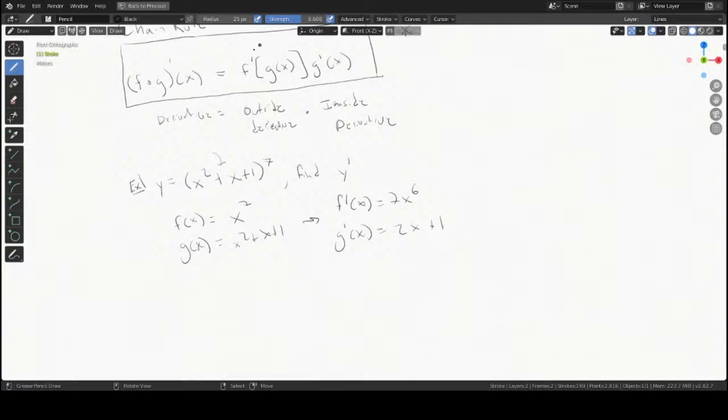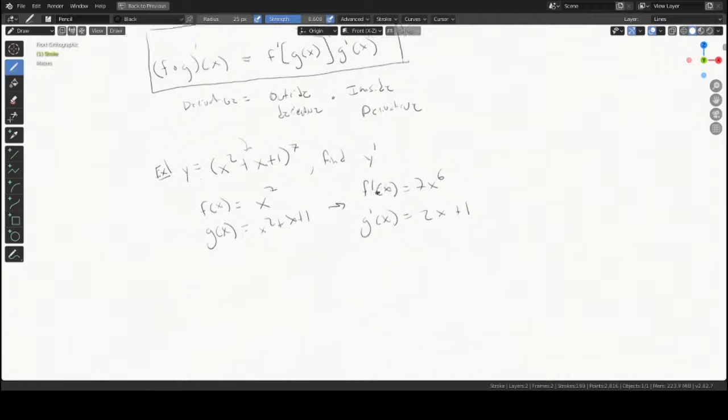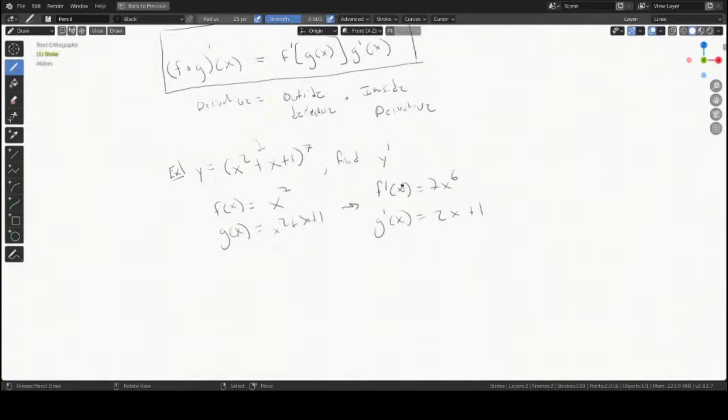Alright, and using this, we say f prime of our original function g of x would be 7 times whatever g is. So we have 7 times x squared plus x plus 1 to the 6th, multiplied by g prime of x, which is right here, which is 2x plus 1.